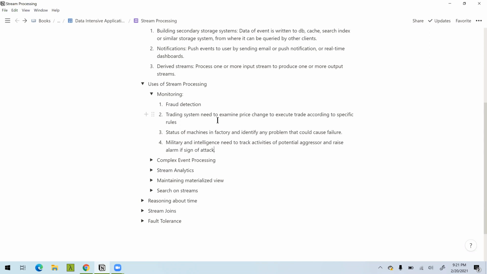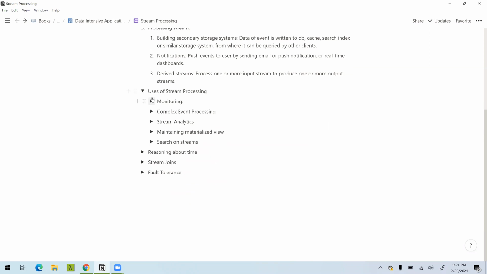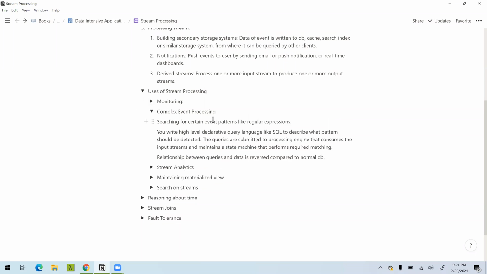So in this also, you are continuously monitoring your stream data and then creating alerts on top of it, right? So that's monitoring, right? The other use of stream processing is complex event processing.